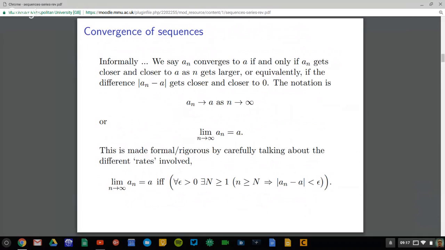So for any possible distance specification epsilon, there exists some point after which the sequence elements are within that distance of the claimed limit. And that has to be so. There has to exist this point capital N for any possible positive specification for the distance epsilon.